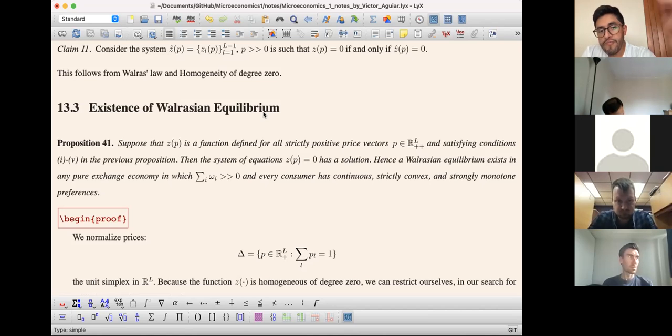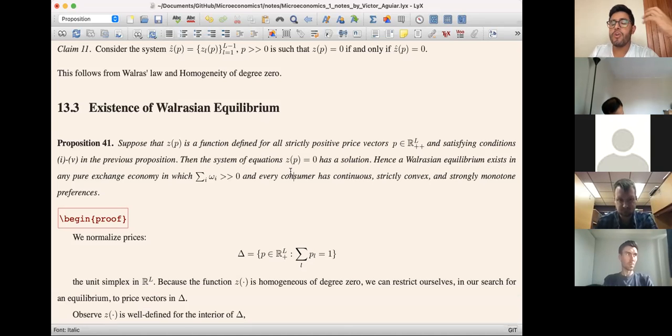Well, I know micro, so you can go to these books and check whether your model satisfies these conditions. Of course, there is a more complex version of this theorem allowing for production, right? Essentially, you require the production set to be convex. So it's nothing extra. It's just the convexity of the production set. And then together with the utilities being continuous, strictly convex, and strongly monotone, then you're fine.